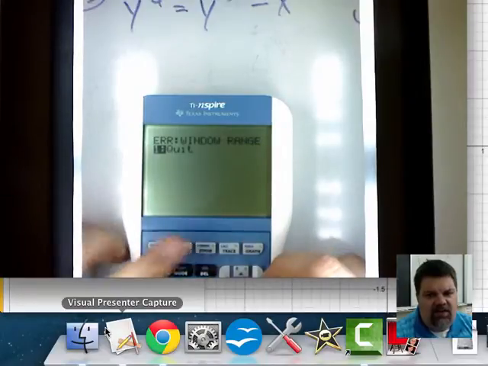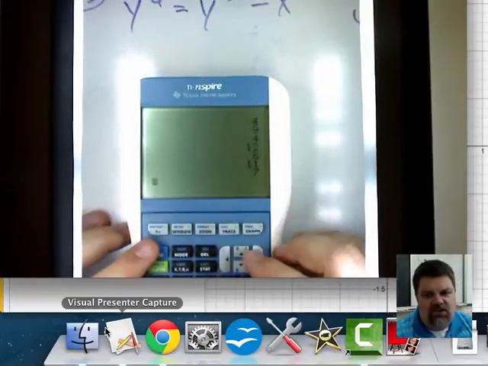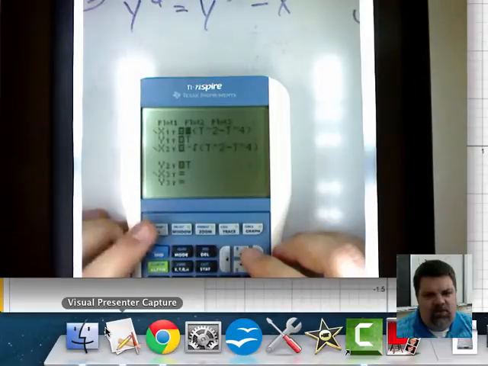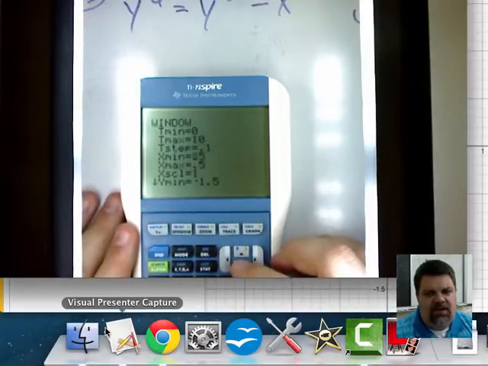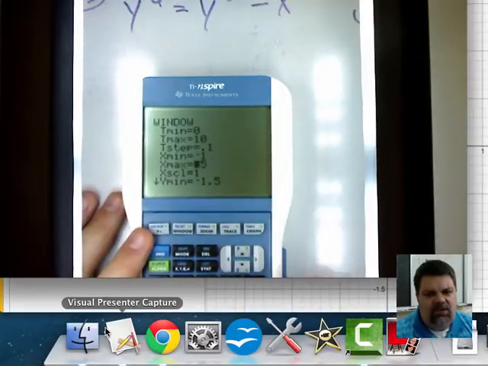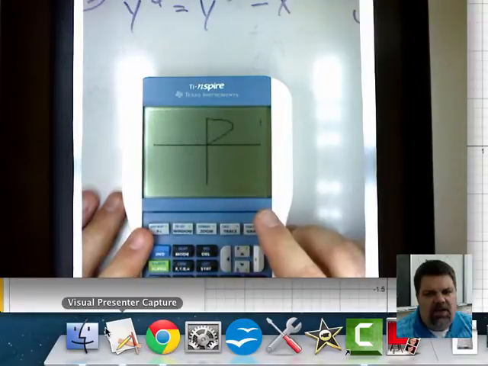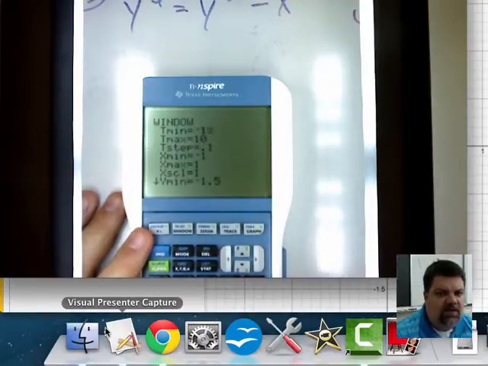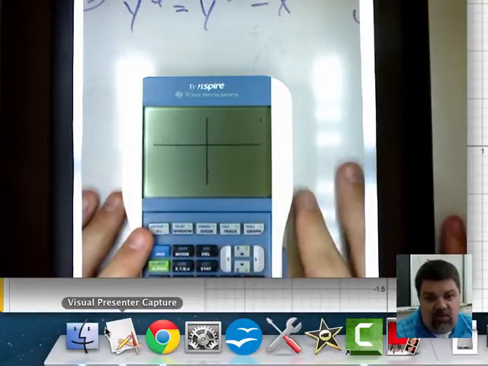However, I think I entered, oh yeah, I forgot the negative sign. So just so we could kind of make it fit, I need to plug in for my x min like -1 and +1, and then for my y min I went from 1.5 to -1.5.